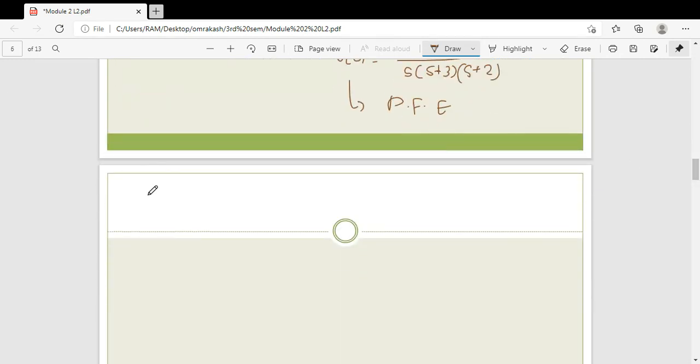So you can write this V of S as A by S plus B by (S plus 3) plus C by (S plus 2). Now find this A, B, C value, and put those values in this equation.